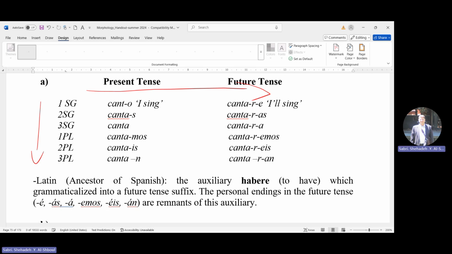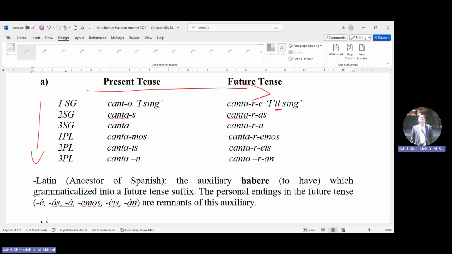Cantamos, which is we sing. Cantáis, which is you plural sing, and cantan, which is they plural, they sing, whether males or females, masculine or feminine. And here for the future, for the will sing, right?